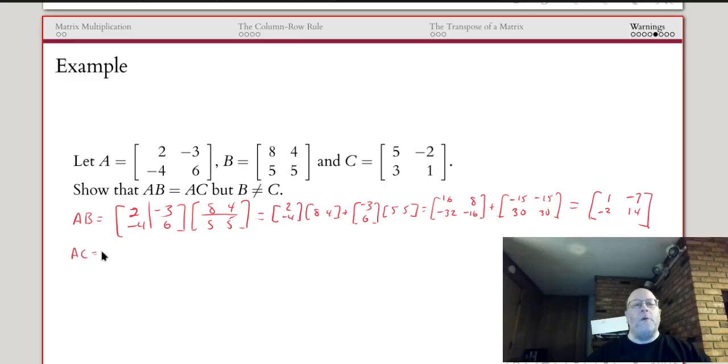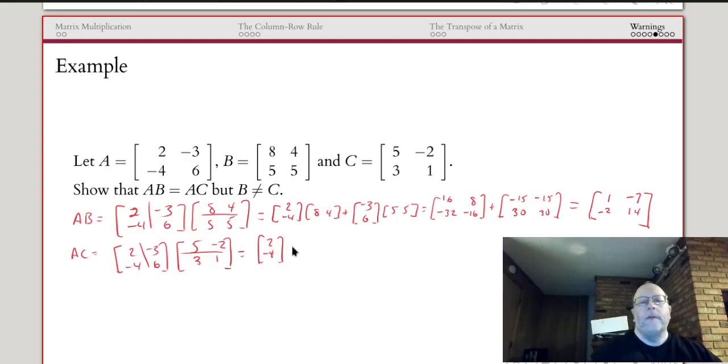Let's see what happens when we multiply A times C. This time we're multiplying by [5, -2; 3, 1]. So again, columns and rows. This time we'll be multiplying 2, -4 times 5, -2, and -3, 6 times 3, 1.